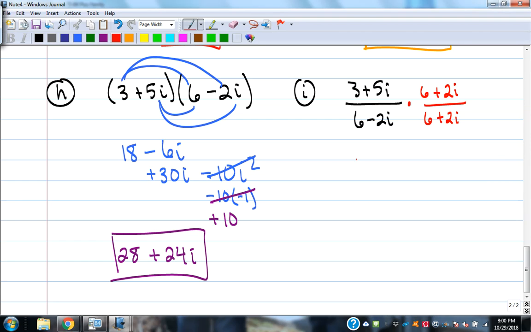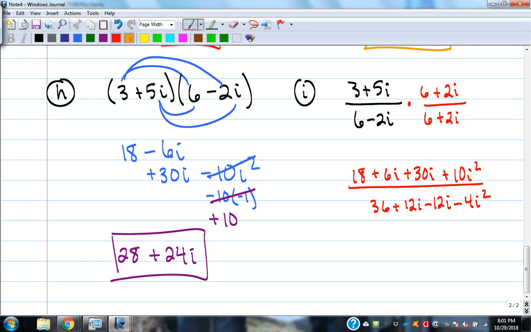And when you multiply all that out, you get 18 plus 6i plus 30i plus 10i squared on top. On the bottom, you get 36 plus 12i minus 12i minus 4i squared. And then you got to simplify all that mess.